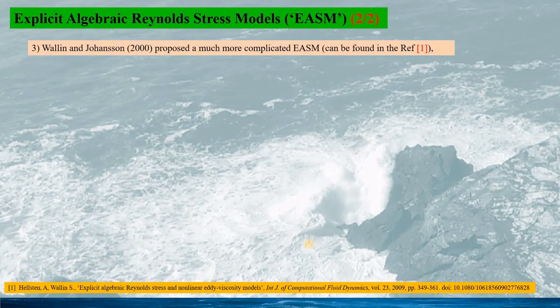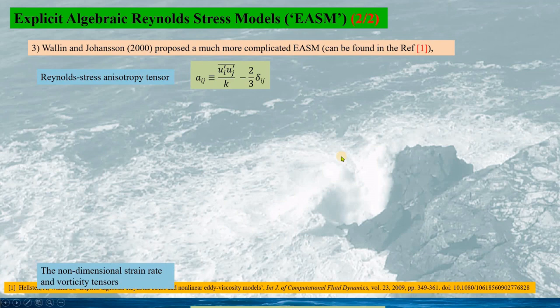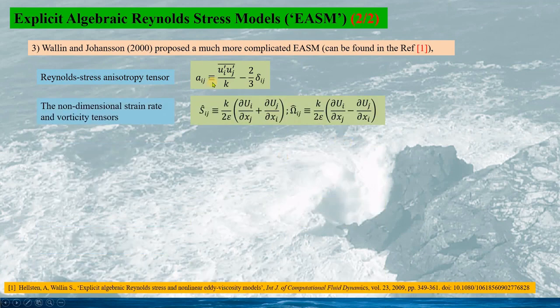So in this slide, another explicit algebraic Reynolds stress model is introduced, which was proposed by Wallin and Johansson in 2000. This model works on the Reynolds stress anisotropy tensor Aij defined as this. And in constructing the anisotropy tensor Aij, the nondimensional strain rate S hat ij and capital omega hat ij are defined as in this form.